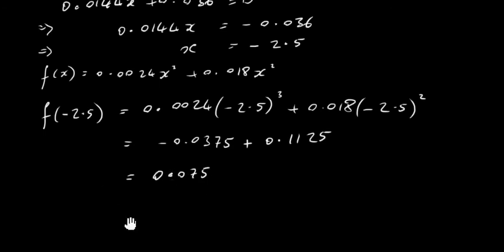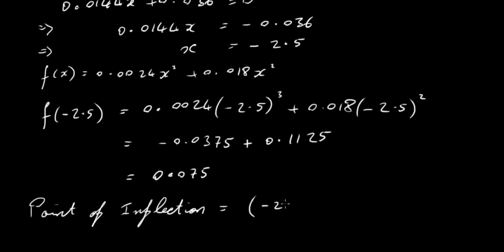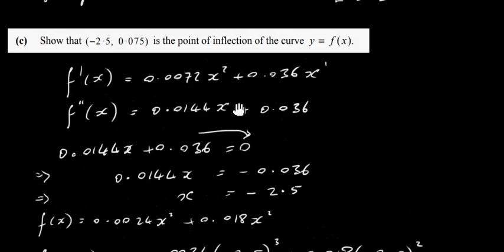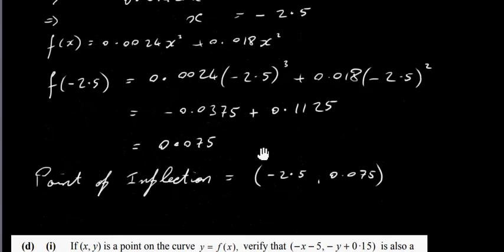So that's what they said our point of inflection is: our x was minus 2.5 and the y was 0.075, and that's what they said it should have been. So that was fine.